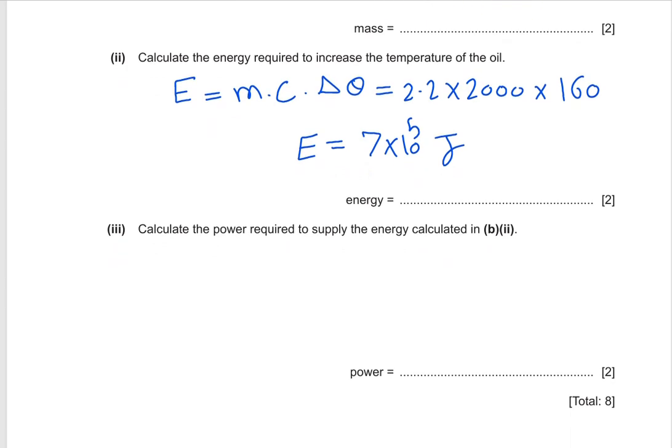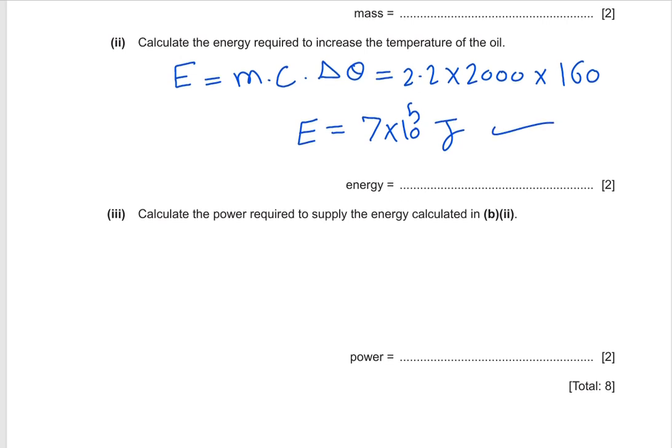The next part, they say calculate the power required to supply the energy calculated in B. So I have the energy, they need the power. We know the formula, power equals energy over time. Remember that the time here is given 7 minutes, which equals 7 multiple 60. I must change it to seconds, right? So it's going to be 420 seconds.